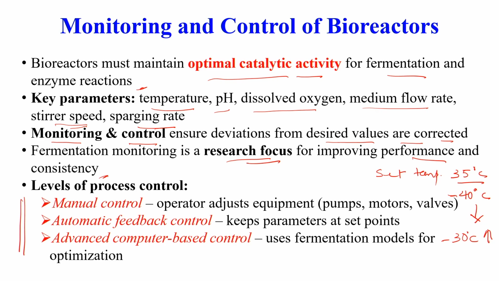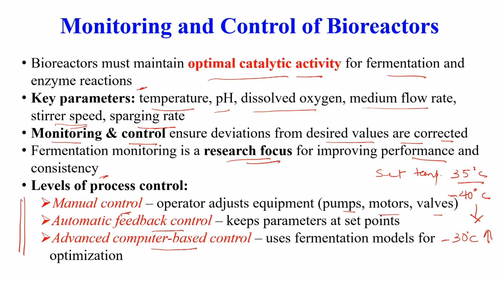There we will be discussing how, after monitoring, we can go for manual control, we can go for automatic feedback control, or we can go with the advanced computer based control. Manual control means one can switch on and switch off the pump, motors, open and close the valve.